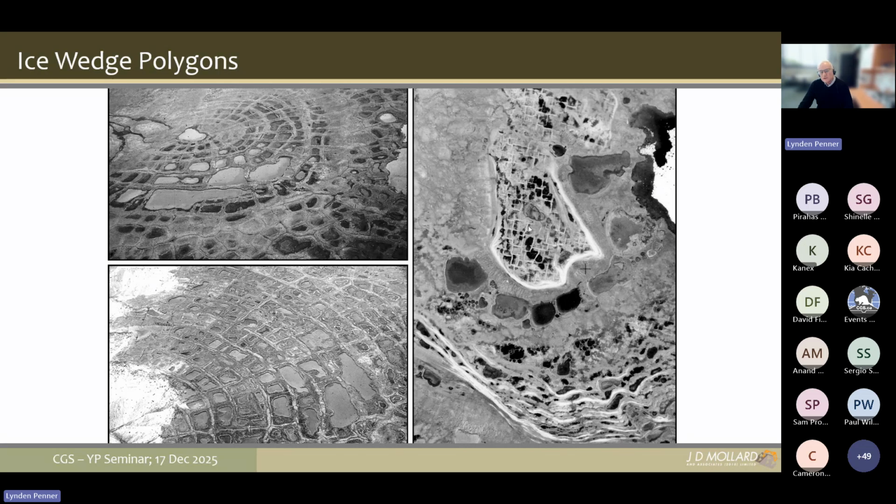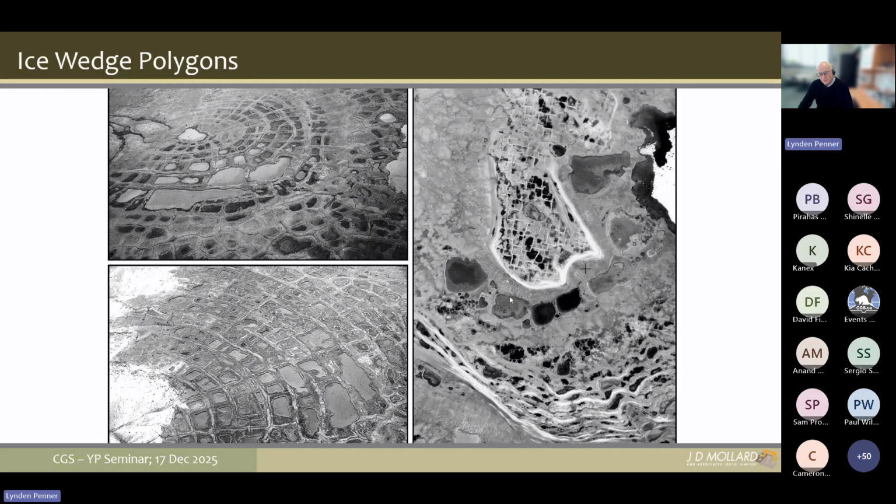Here they're very strikingly rectilinear on the upland. These features here are beach ridges in a glacial lake shore zone.